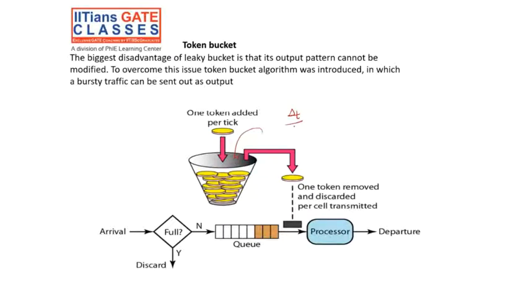Let's say one tick is 1 millisecond; on each millisecond we add one token. Now see, the queue is still there. If the queue is full, we need to discard. But we are making our output bursty, not fixed. That's the main difference between leaky bucket and token bucket.